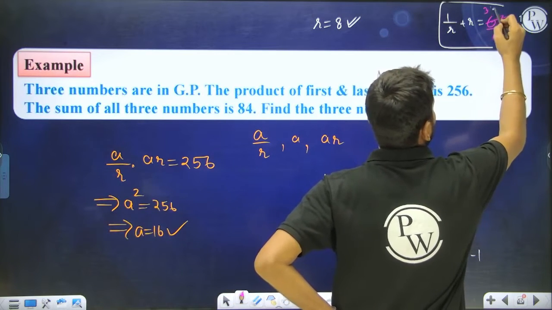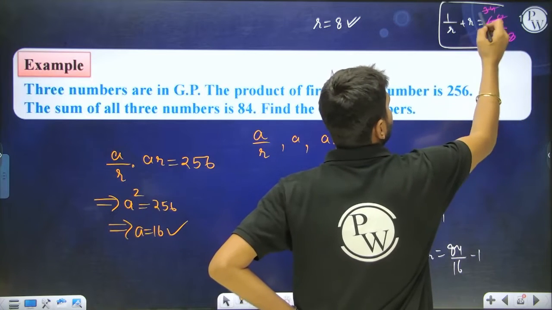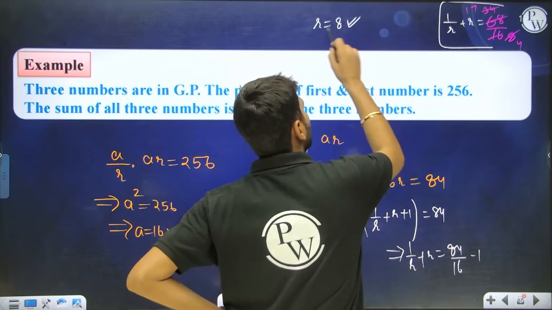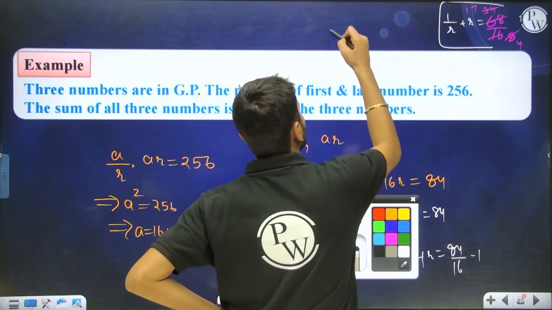So this will be equal to 34 by 8. Okay, 17 by 4. Yes, 17 by 4 means R is equal to 4 will come. Yes, R is equal to 4.